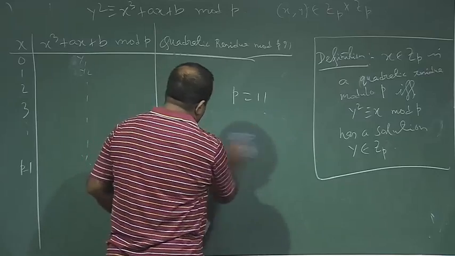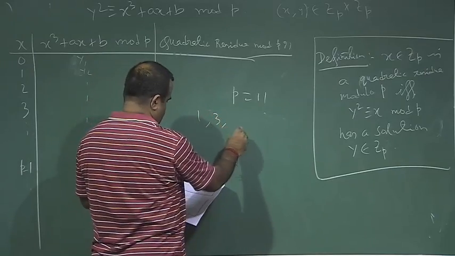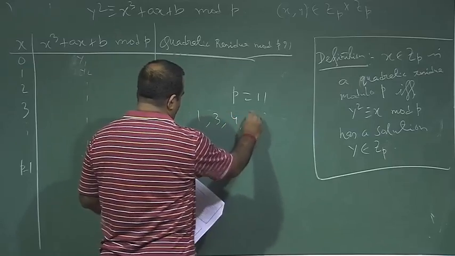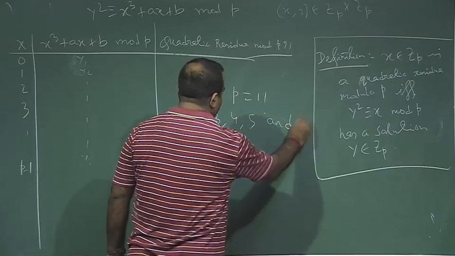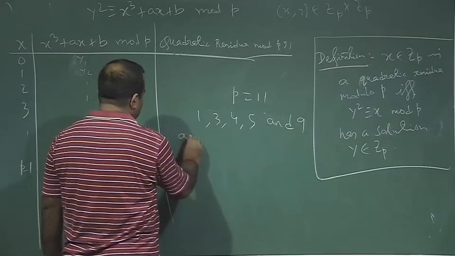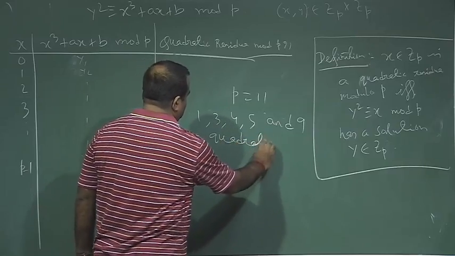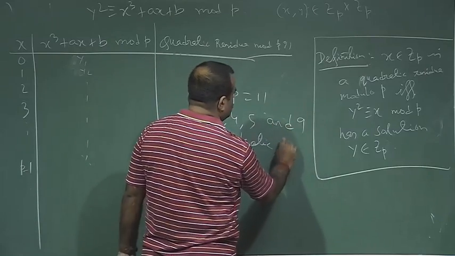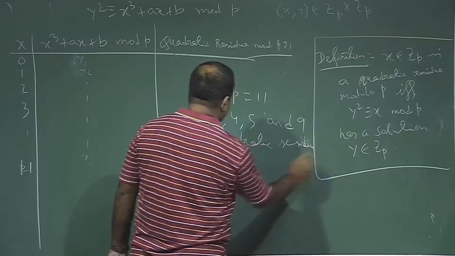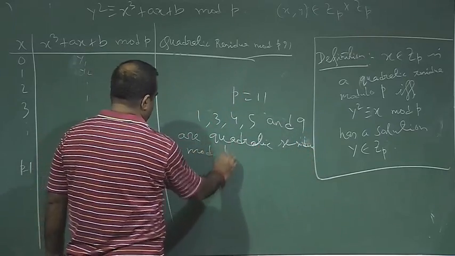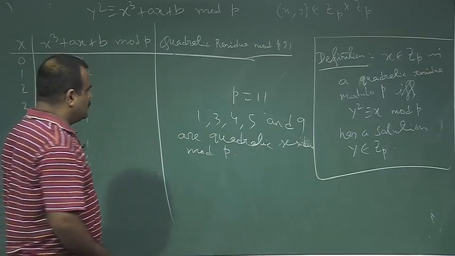So, we can check that 1, 3, 4, 5 and 9 are the quadratic residues mod p, because for these we have a square root.